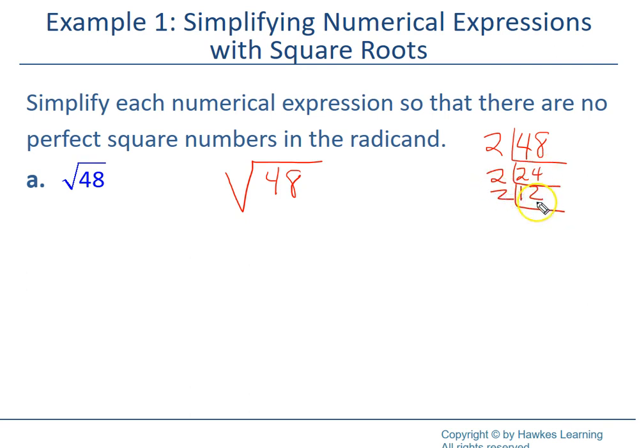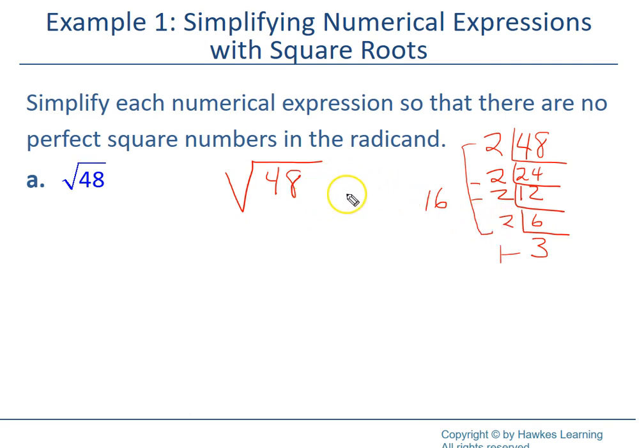And a 2 will go into there, and we get 6. And a 2 will go into there, and we're left with a 3. So these are the prime factorizations. So as we look, we have 2 times 2 times 2 times 2, which is 16. All of these make up a 16. So 16 times 3 here is going to be 48.